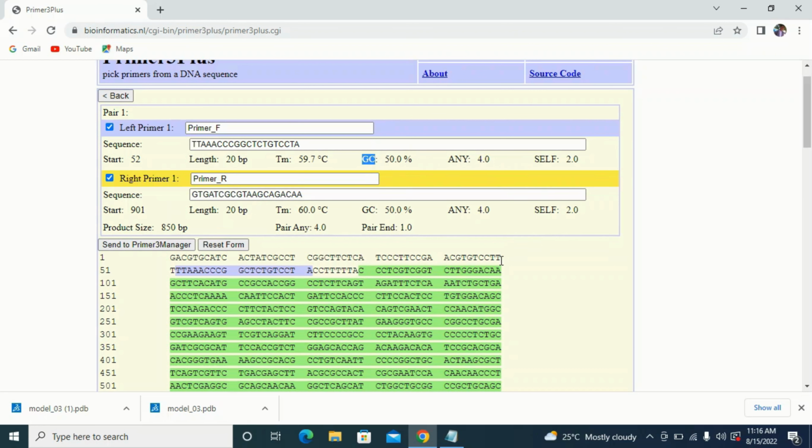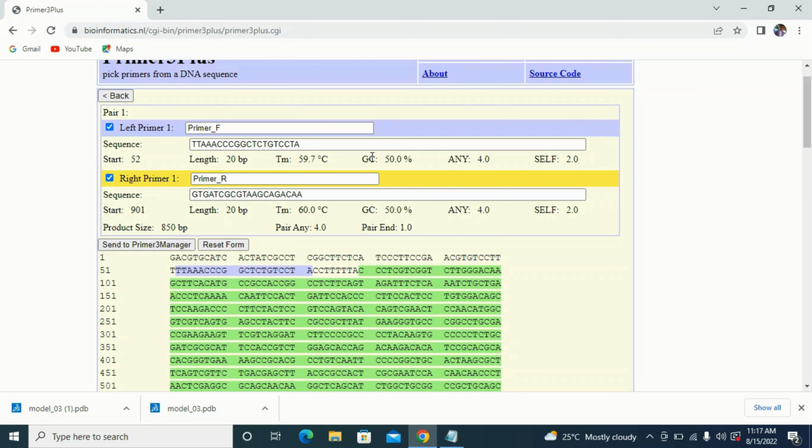This particular GC is telling you the guanine cytosine base pair. We learned that GC has a triple bond in their base pair, whereas AT has just 2 bonds. The higher the GC bond in the primer design, the better, because this helps to give a more stable primer.